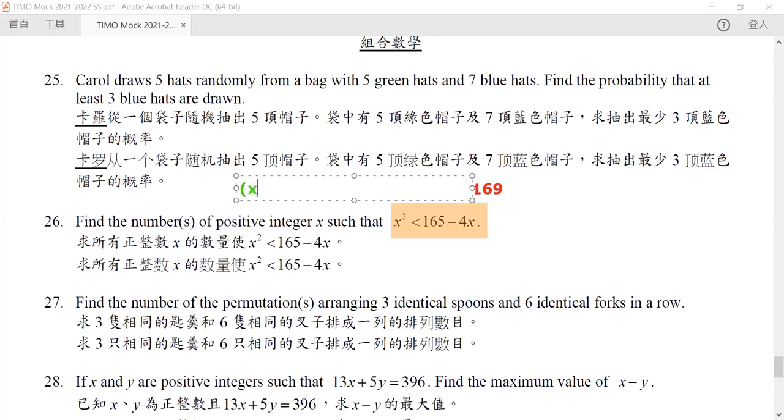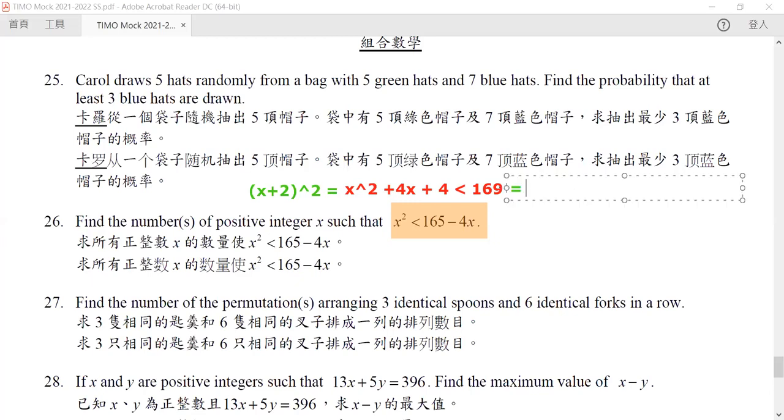Because our left-hand side is equal to x plus 2 squared, right? And our right-hand side is equal to 13 squared. So it says that x plus 2 squared must be less than 13 squared.